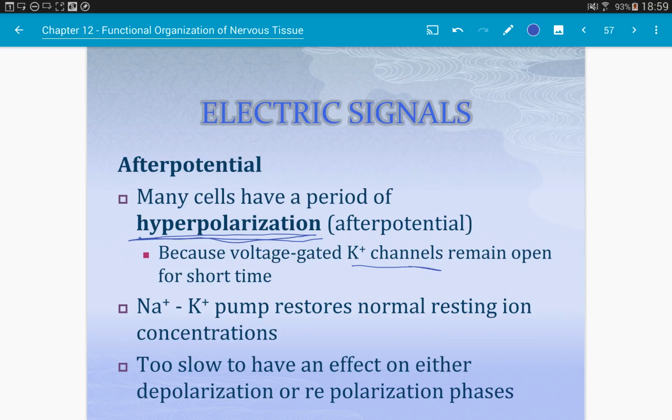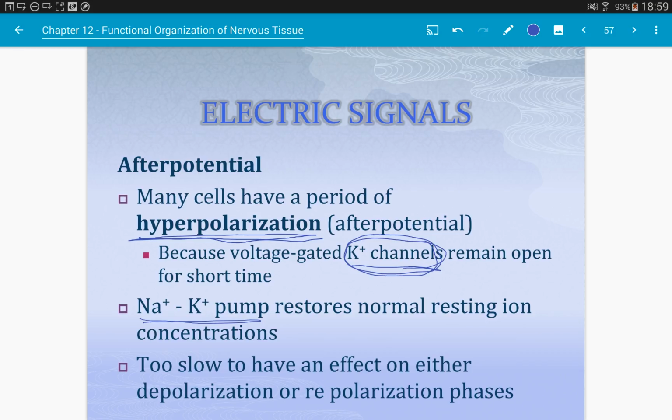We know that potassium is very important in reestablishing resting membrane potential. We've talked about how you definitely need to know about the importance of potassium. And we have also talked about the sodium-potassium pumps. The sodium-potassium pump requires energy, uses ATP, and pumps out how many sodium ions? 3.